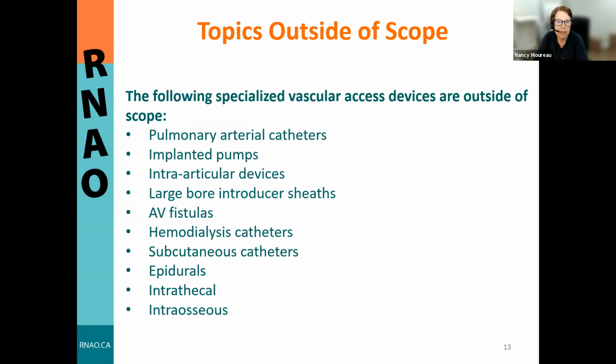So just to clarify, these are areas that are not included in the guideline: the arterial catheters, the implanted pumps, the intra-articular devices, large bore introducer sheaths, arteriovenous fistulas, the hemodialysis catheters, subcutaneous catheters, epidurals, intrathecals, intraosseous. Each of these specialized vascular access devices are considered outside the scope of these particular guidelines.